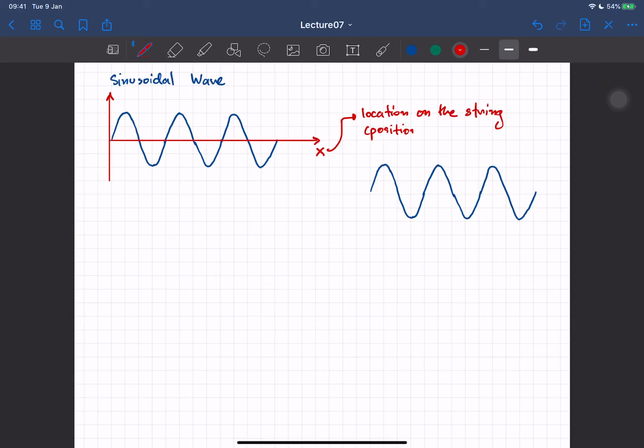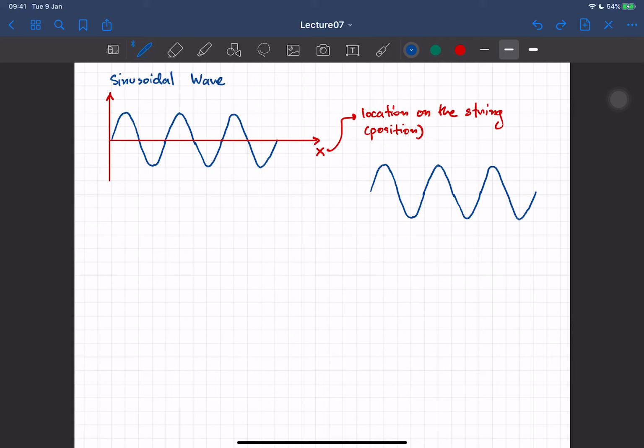All right, what about y? y describes how far away each section of the string is displaced from the center line. The center line is the horizontal line where the string would have been if there were no wave traveling in the string.